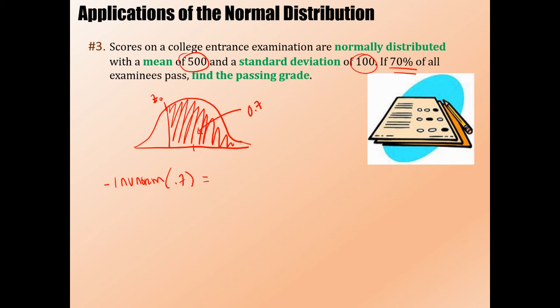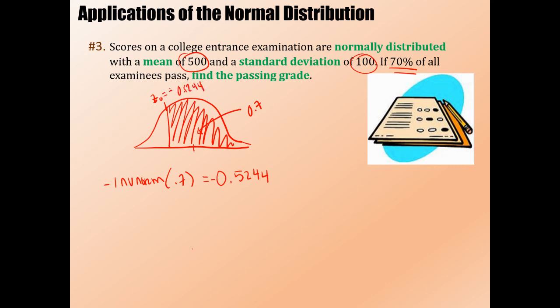So I go second bars, down to inverse norm, 0.7, and originally I get 0.5244, but I know I want it to be negative. So now I actually have this z-score.